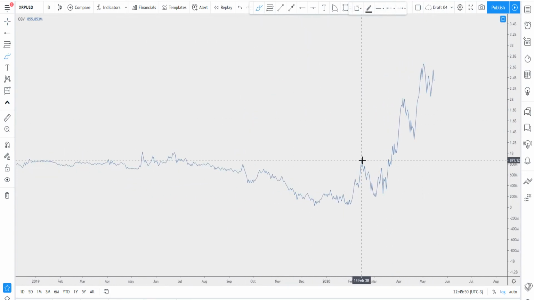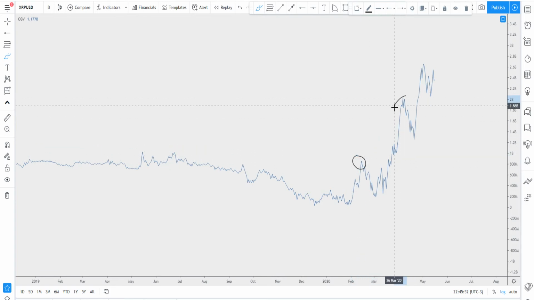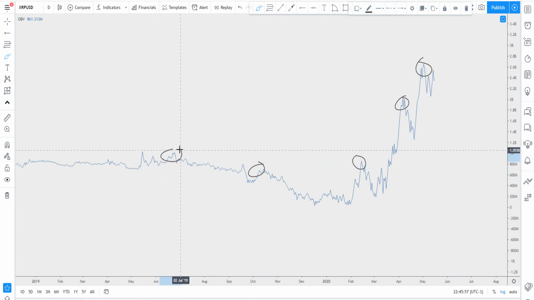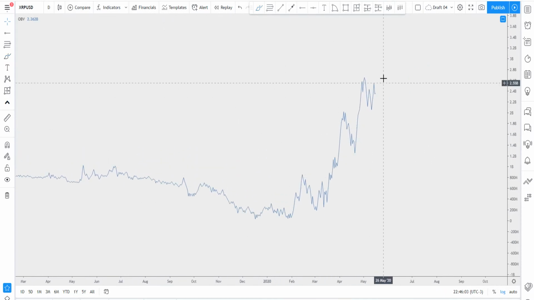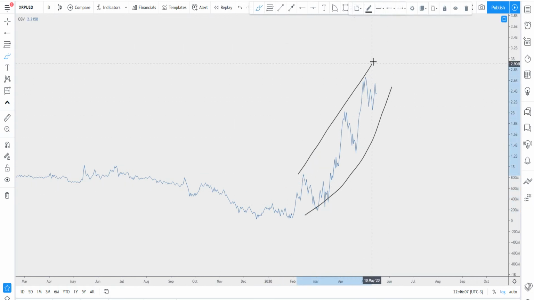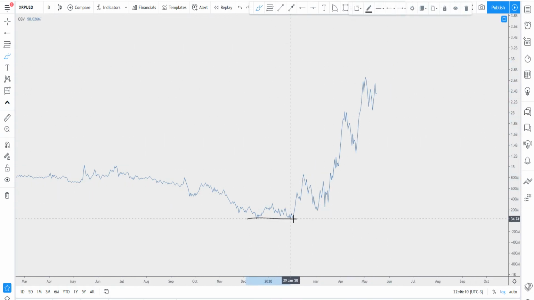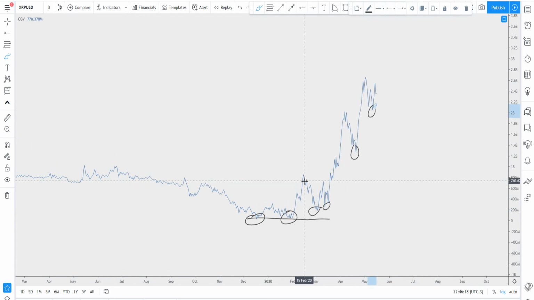We are making higher highs compared to the previous scenarios, right? And this is bullish. And if this was a chart, this would be a bullish picture, and this would be our bottom, like a double bottom here, right? Higher low, higher low, higher low, higher low, higher high, higher high, and higher high.